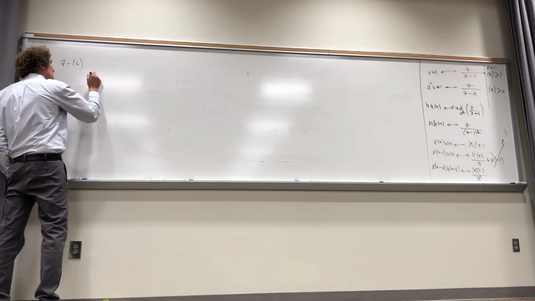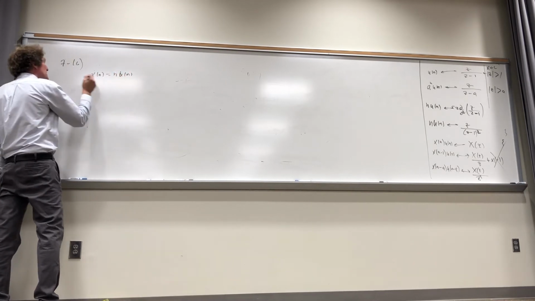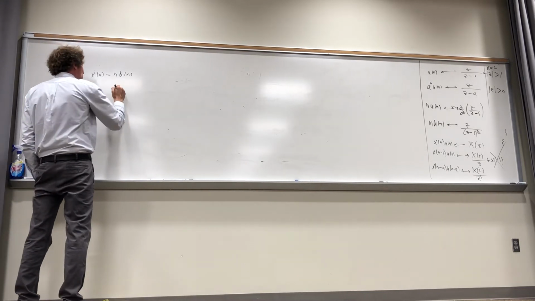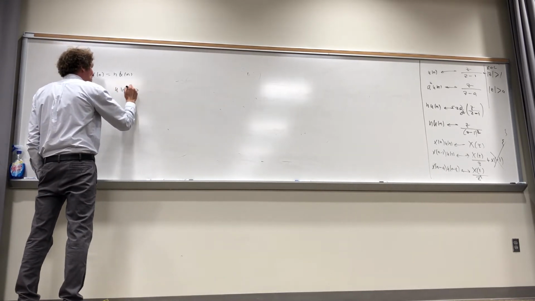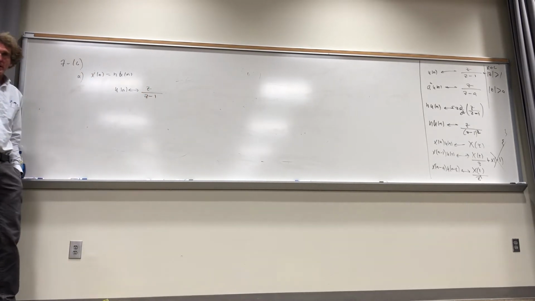They want x of n equal to n times u of n. Now this is really a property. First, I know that u of n goes to z over z minus 1. That you have to know, right?